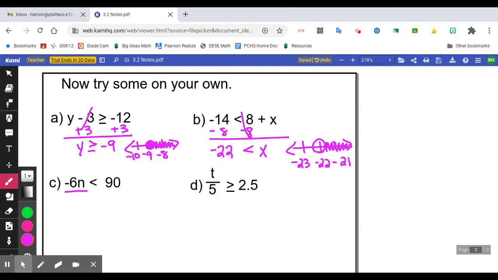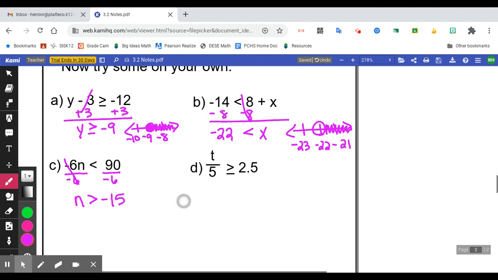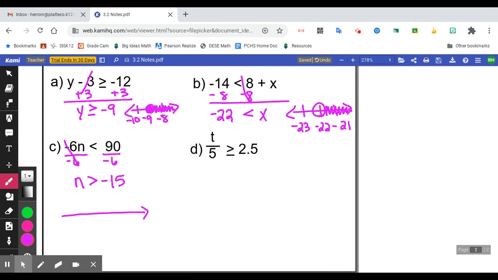Down here we've got multiplication. So I'm going to divide. Dividing by a negative, so I'm going to flip it. And 90 divided by negative 6 gives me negative 15. Open circle. And greater than is to the right. Last one.